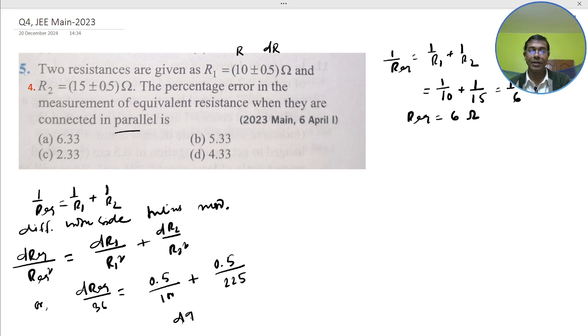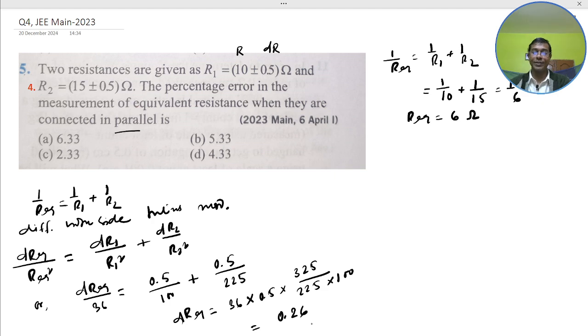So dR equivalent equals 36 into 0.5 into 325 divided by 225 into 100, and after calculation you just get 0.26.